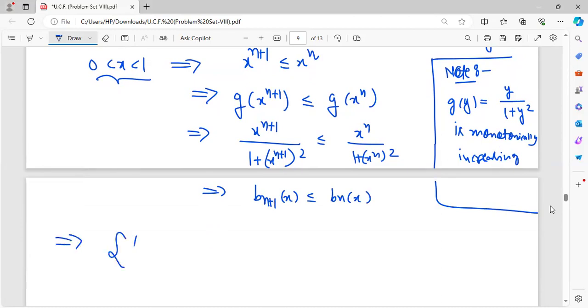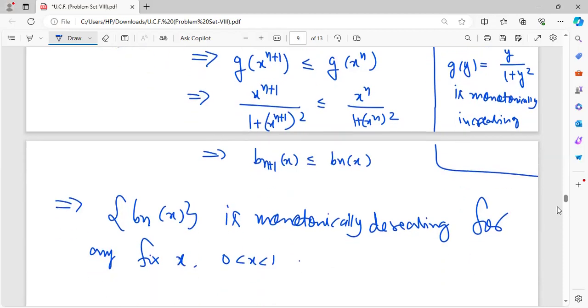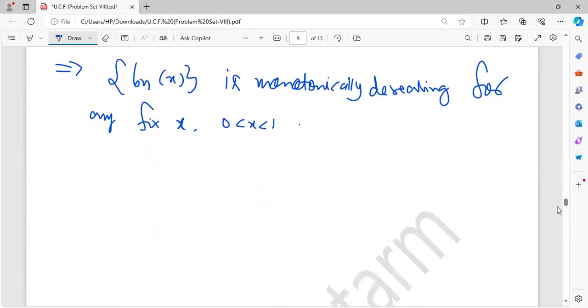This implies b_n(x) is monotonically decreasing for any fixed x in this range. So finally, we have already checked for x equal to 0 and x equal to 1. So b_n(x) is monotonically decreasing.